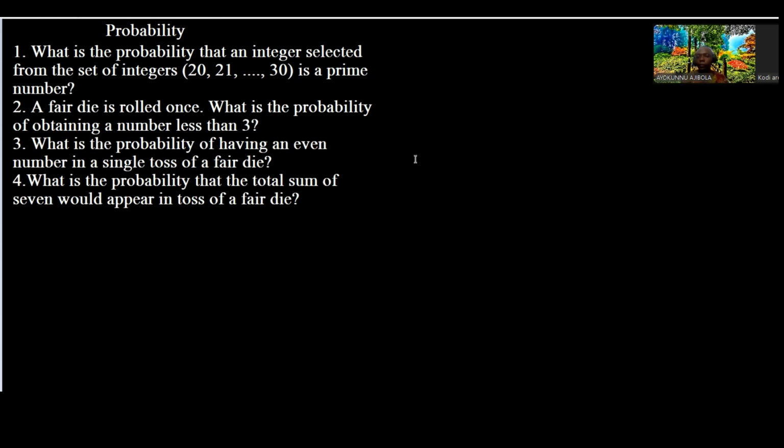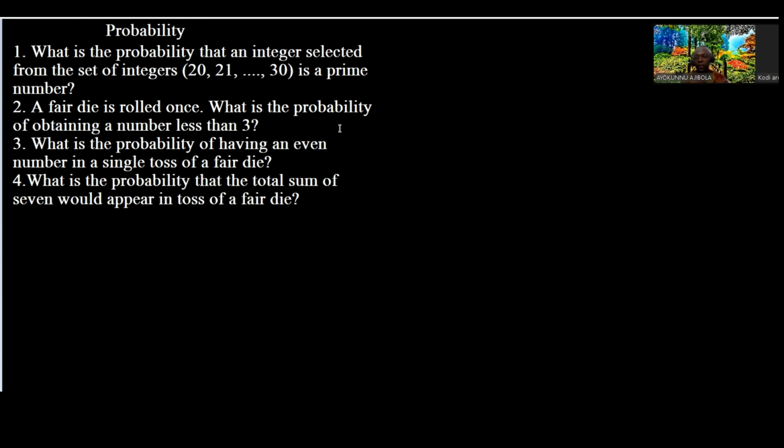So for example, if I say, what is the possibility of the sun shining in the sky in a day? There are two events there. Event one, sun will shine. Event two, sun will not shine. So what I'm requesting for is just one event, that sun will shine, right?